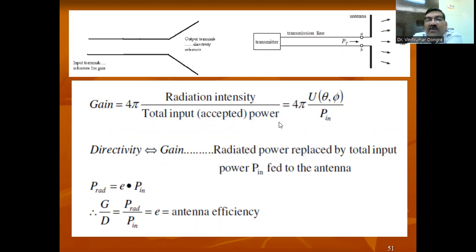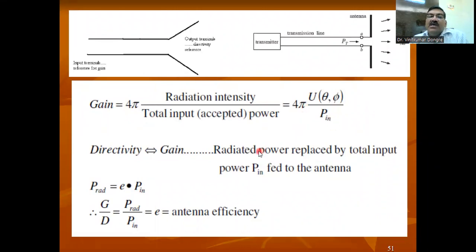What is the difference between directivity and gain? Directivity has the same formula, but in the gain you are considering the input power, and in the directivity you are considering the radiated power. Means efficiency is taken care of. In the directivity, you are not considering the efficiency of the antenna. In the gain, you are considering the efficiency of the antenna.